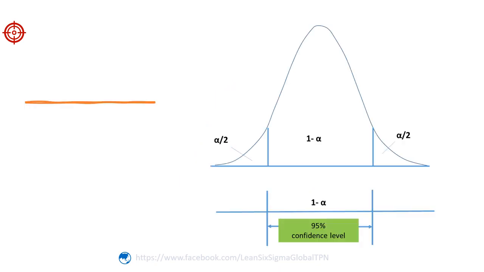Recall the confidence level that we discussed earlier. The confidence level is how sure we are the confidence interval contains the true population parameter value. The confidence level equals 1 minus alpha.